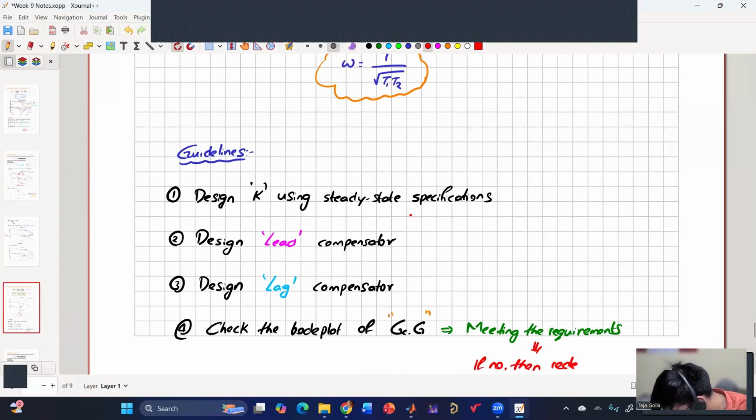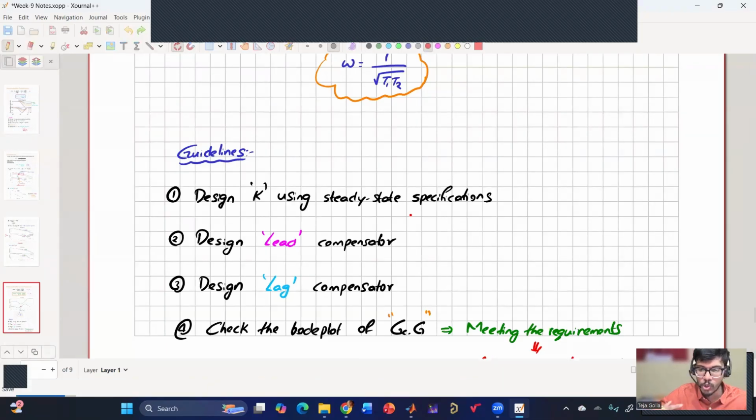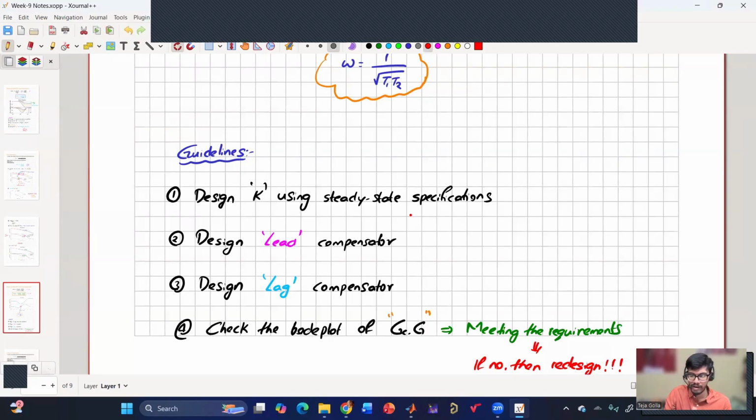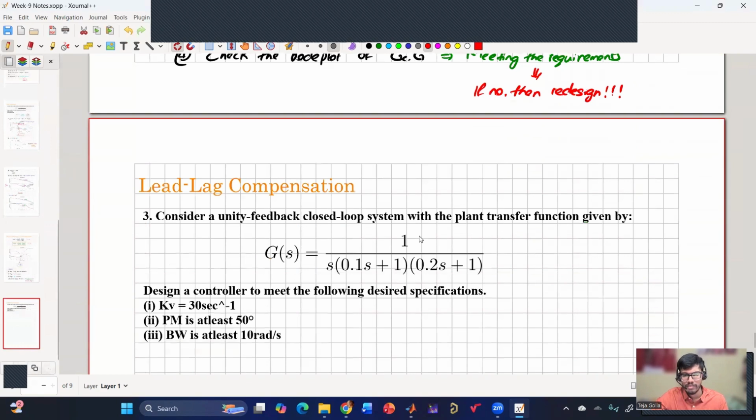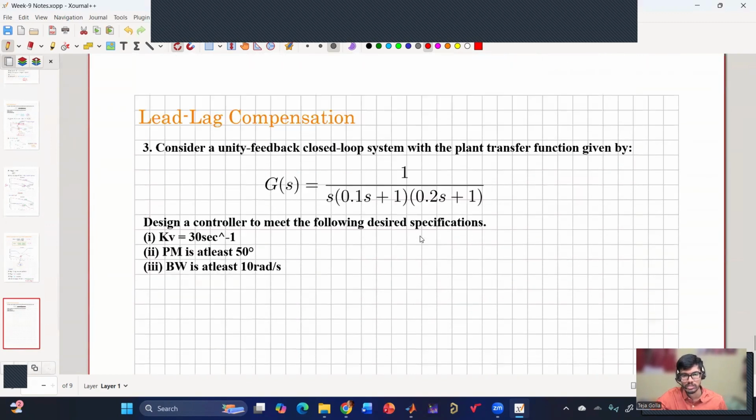So just to be on the safe side, what I'm going to do is take a slightly higher correction factor rather than doing it again and again, because individually we have done it, but when we are combining both lead and lag, the permutations and the possibilities will increase. So just to be on the safe side and not risking redesigning, I'll take the correction factor slightly on the higher side, because we are slightly over designing but not too much.